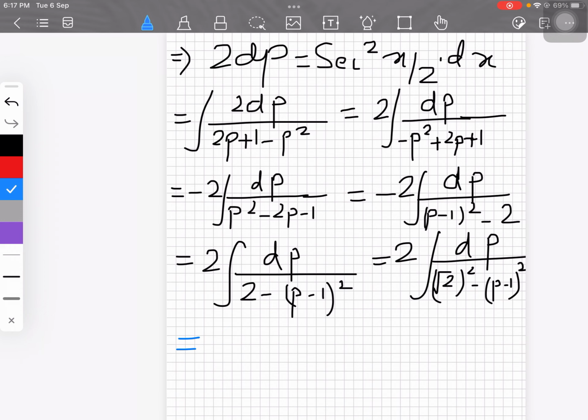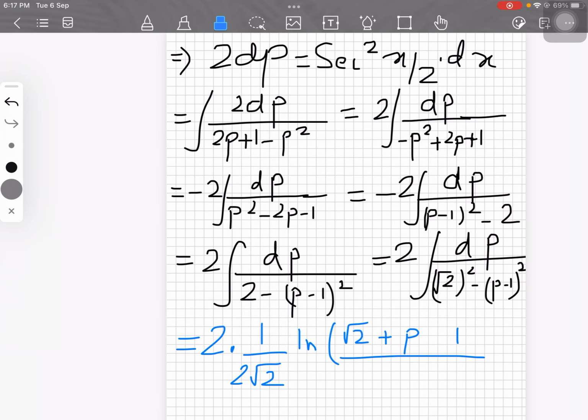So 1 over 2a, where a is root 2 and there is 2 root 2 over here, so the log is of a plus x over a minus x. Sorry, got confused.